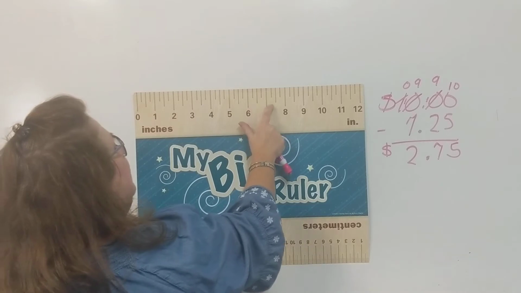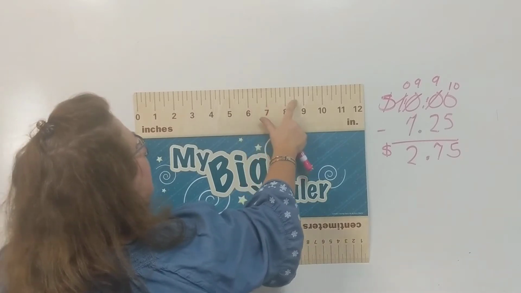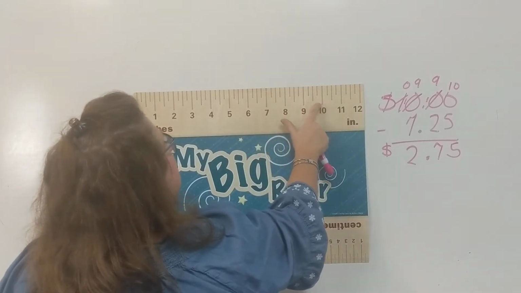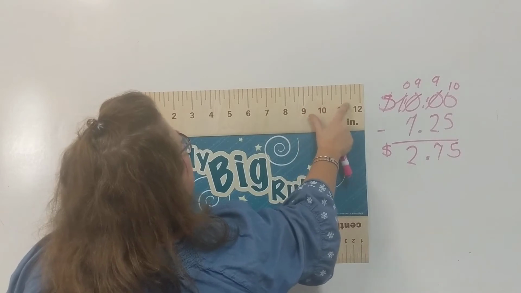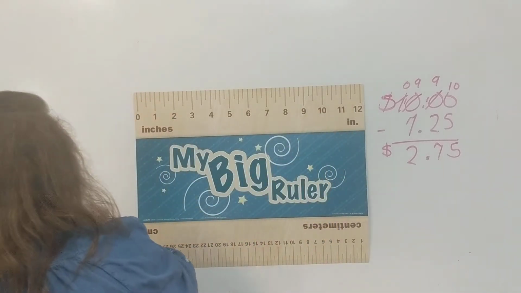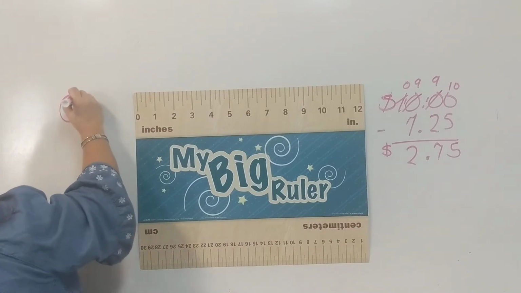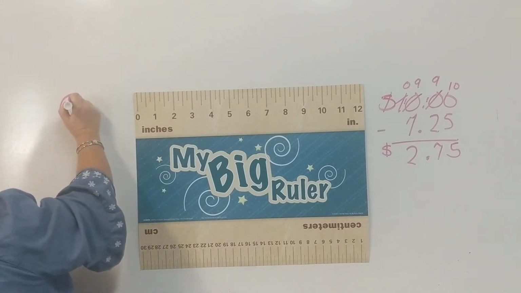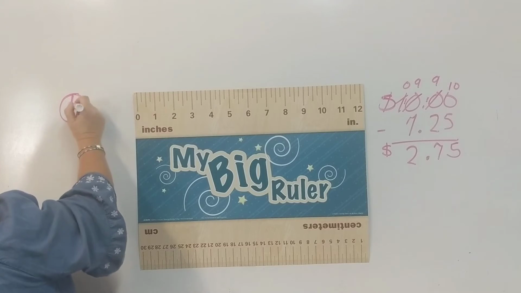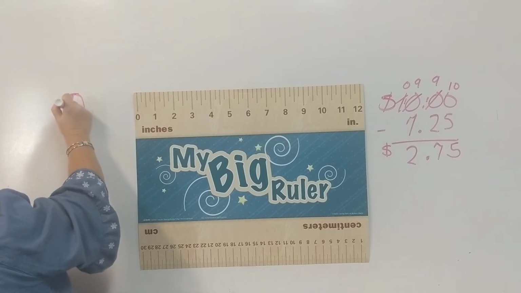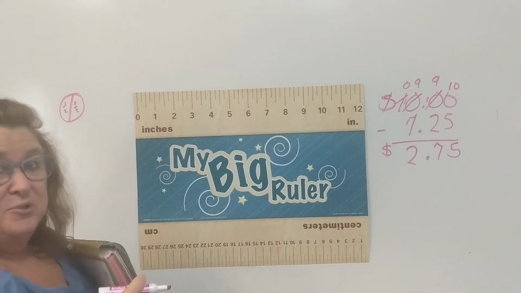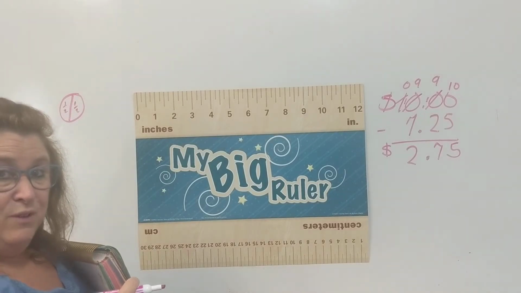And you notice it's right in the middle of the 2 numbers. So if we have a circle, and we divide our circle right in the middle, this is a half, and this is a half. I know you guys did that last year. Do you remember doing your fractions?